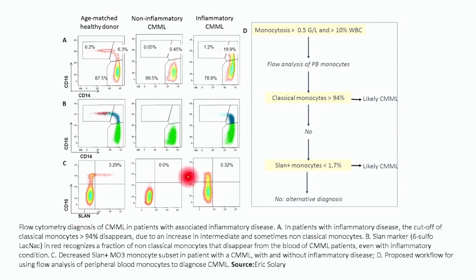In case of CMML, we don't have SLAN positivity, and also in case of an inflammatory process, if a patient has CMML together with autoimmune inflammatory disease, SLAN also can be negative. So this is another alternative in case we cannot apply the partitioning due to presence of an autoimmune or inflammatory disorder.